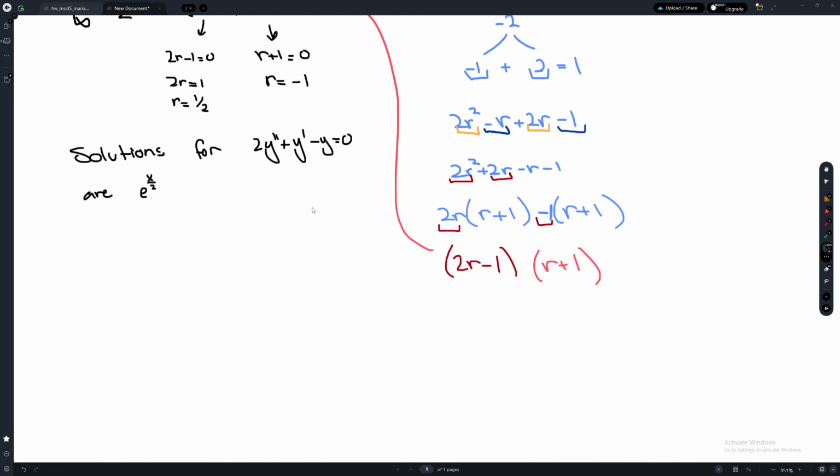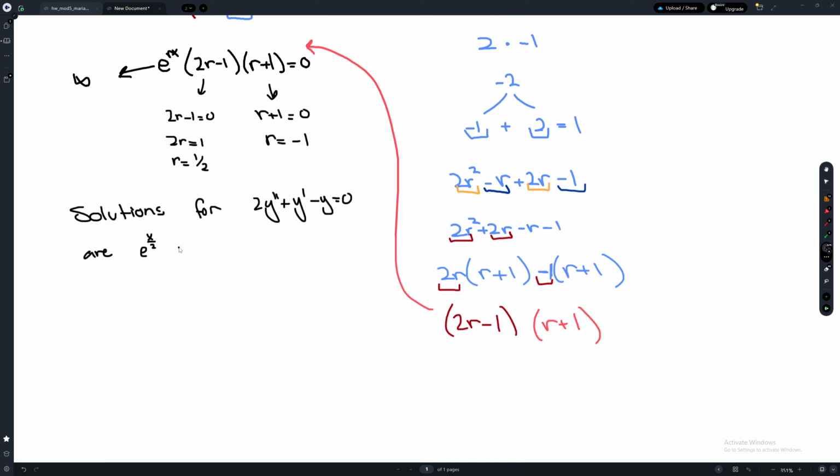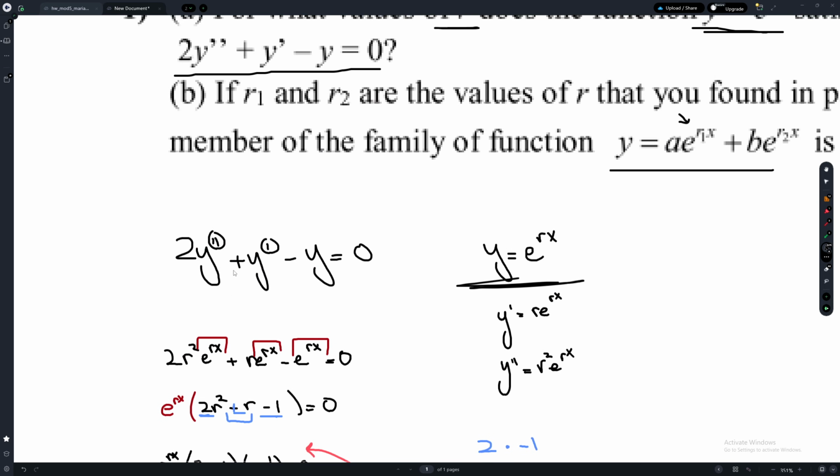We subbed it into there, right? So that's one solution, and the second solution is the negative, so it'd be e to the negative x. These are my two functions, are solutions to this differential equation.